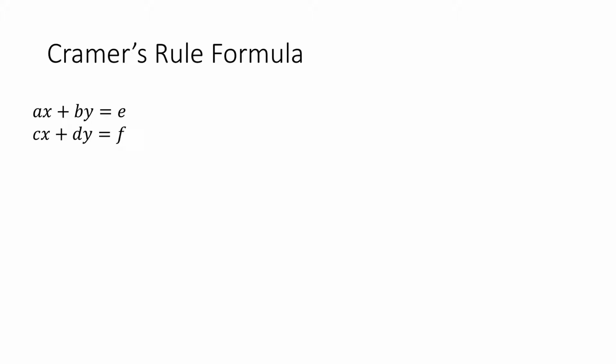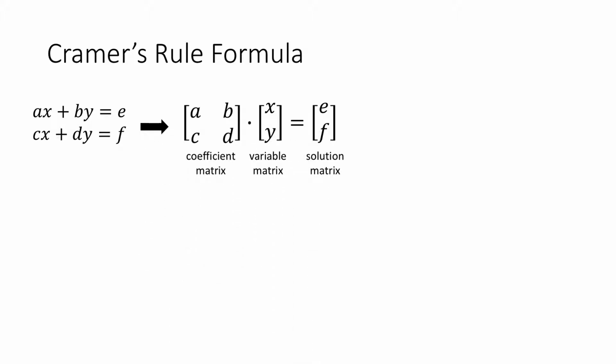So let's say that I had this system of equations where I had ax plus by equals e and cx plus dy equals f. Before I do anything, I want to break it down into a coefficient matrix, variable matrix, and a solution matrix. The coefficients of the variables would be the coefficient matrix.